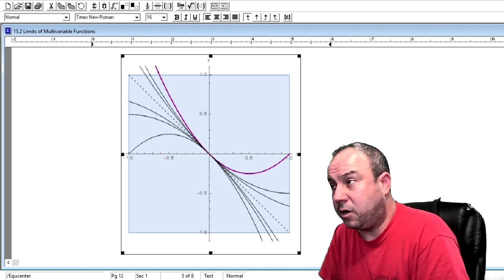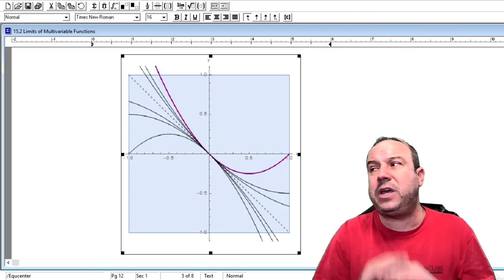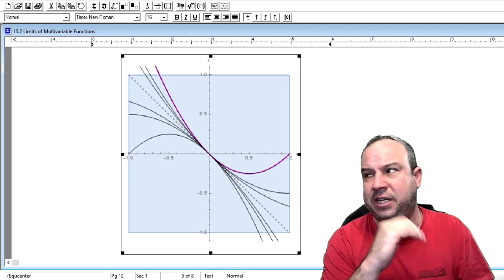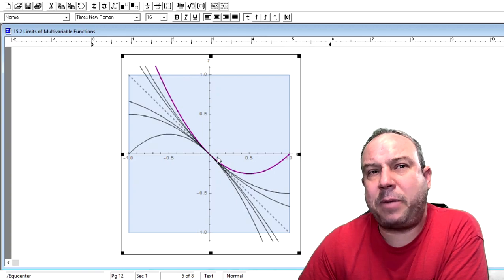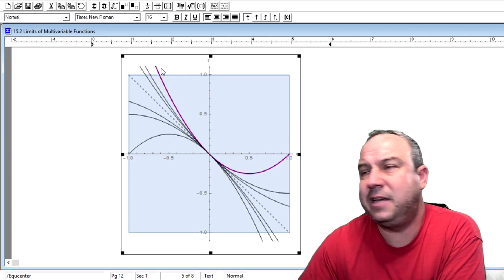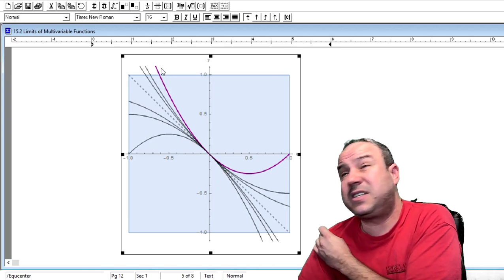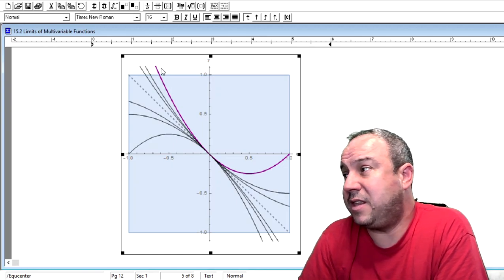Those level curves show us paths in our domain where we have consistent output values for z. This is a path in our domain where we have one set of consistent output values for z. That path, we had noted by examining our limit, must consistently give us the value of 1. We would see that along that path.